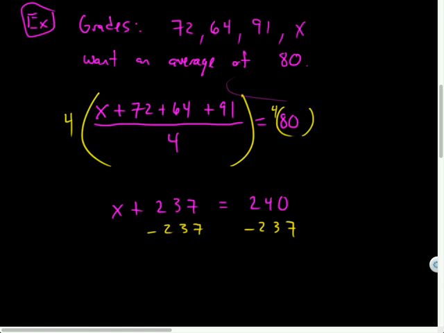And I end up with x equals 3. Wait a minute. Did we do that right? No, I think we. Let me just use, yeah, 4 times 80 is 320.